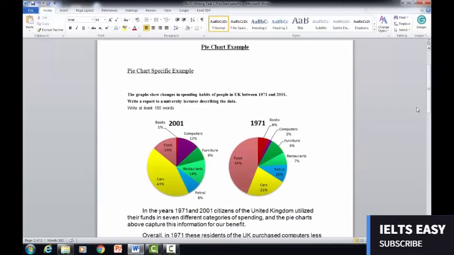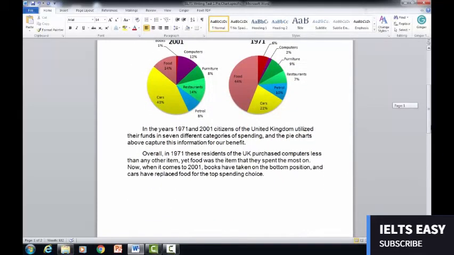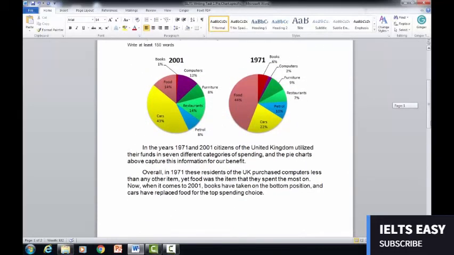So when we look at the chart, petrol made a slight fall from 10 to 8%, and cars almost doubled from 22 to 43%. And food made the biggest fall from 44% to 14%. Wow, that's a big fall. So those are our numbers.